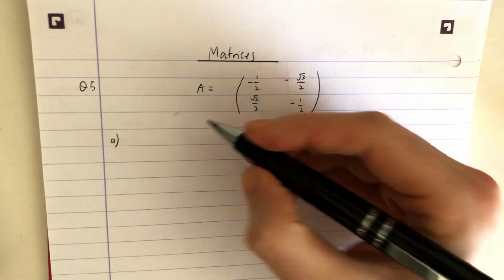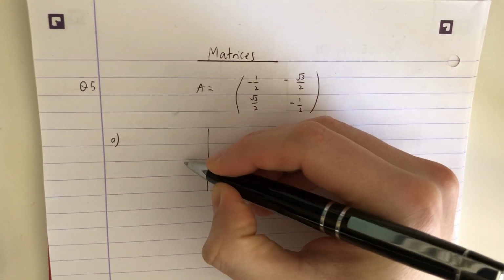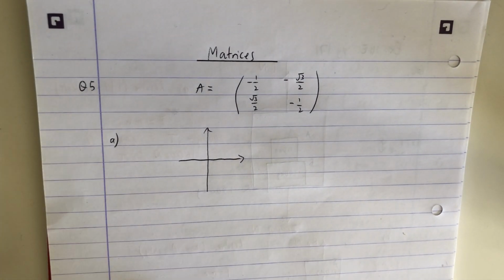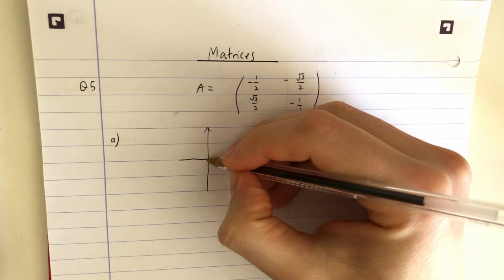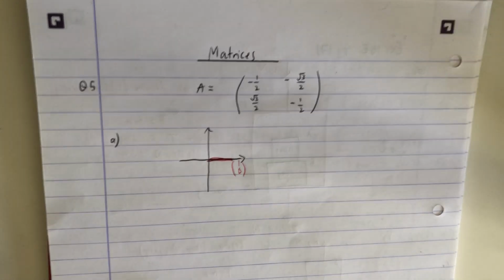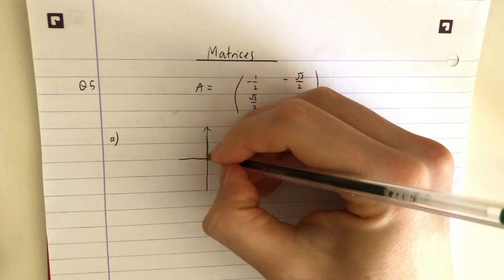So, the way you can do this is consider the basis vectors, which would be 1, 0 and 0, 1.